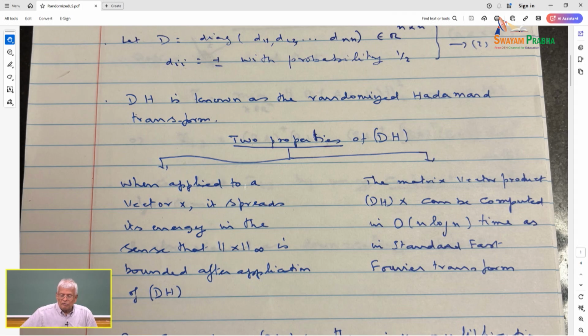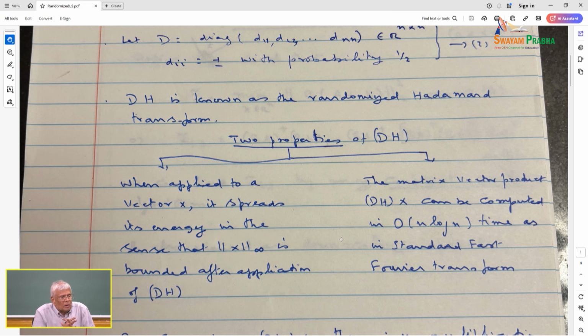That means when applied to a vector, it spreads the energy in the vector in the sense that the infinity norm is bounded after the application of DH. So, if x has an unbounded or large infinity norm, once you apply DH to x and compute the infinity norm of the resulting vector, it has a bounded infinity norm, and this essentially comes out of the spreading property.